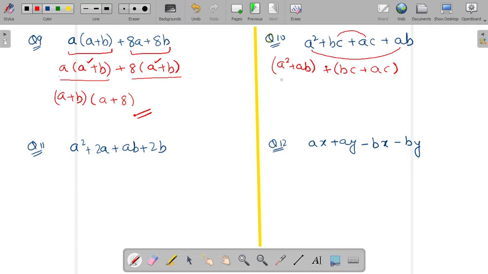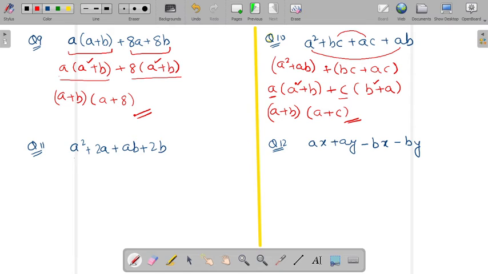Why are we doing it? So that we can take something common. So from this, a is common, so a plus b is left. From this, c is common, so b plus a is left. Now observe, a plus b or b plus a, one and the same thing. So we will take a plus b out, and what is left? A plus c. So this is the factorization.